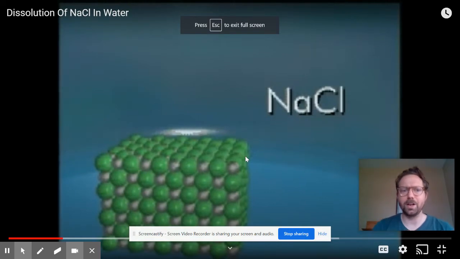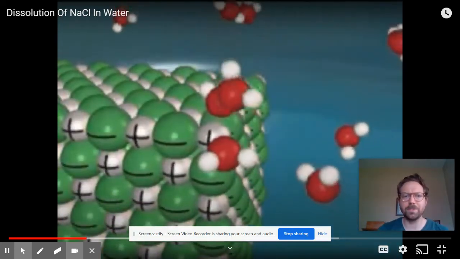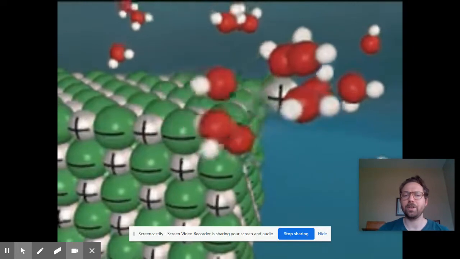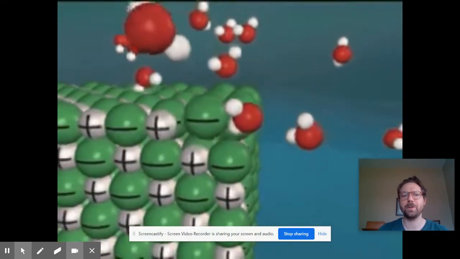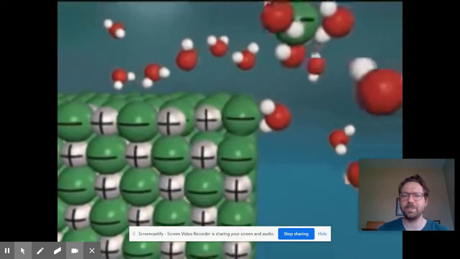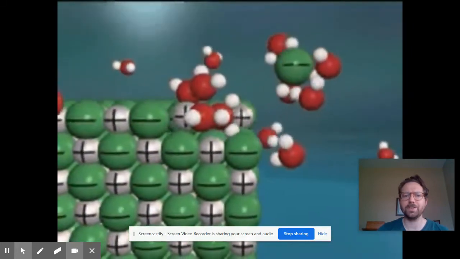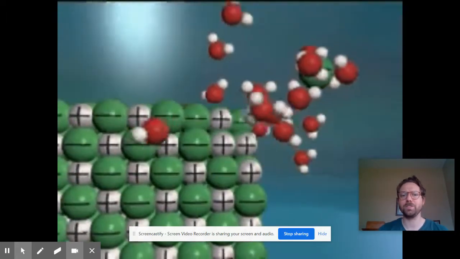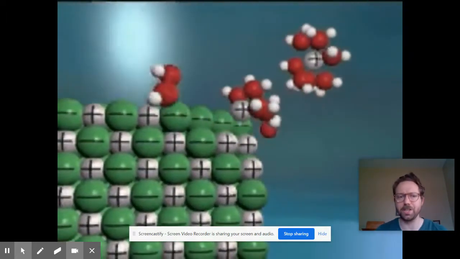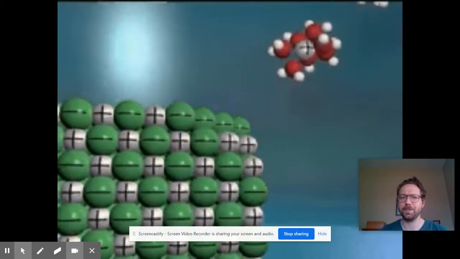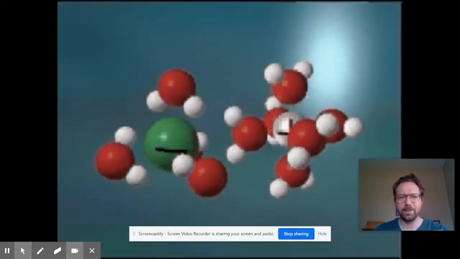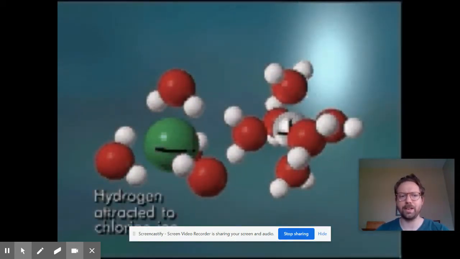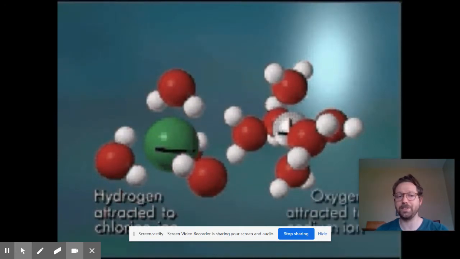So this is again salt, and what happens is water comes in and the negative oxygens are pulling the positive sodiums apart, and as you can see, the white hydrogens are pulling the negative chlorines away. And slowly this is pulling apart the crystal of salt. Okay. Again, the orientation is important. The negative chlorine is attracted to the positive hydrogens, and the positive sodium is attracted to the negative oxygens on the water.